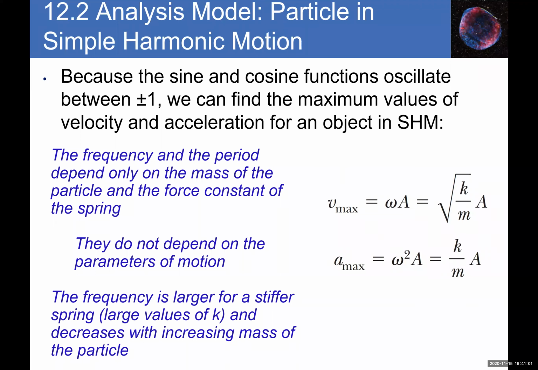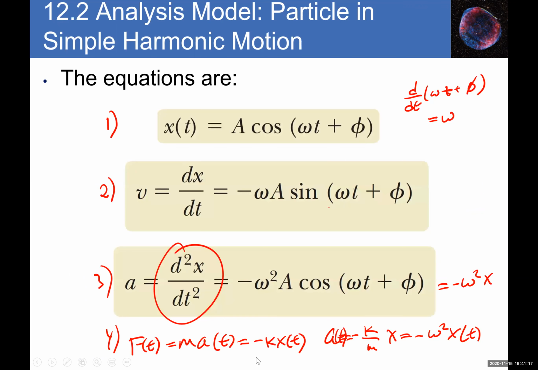Because the sine and cosine functions oscillate between plus and minus 1, we can find the maximum values of the velocity and acceleration. Remember, the cosine and sine functions oscillate between plus and minus a, which in a way means that we can go back. If I come back to here, think like this. This is my x function, the cosine function for the position.